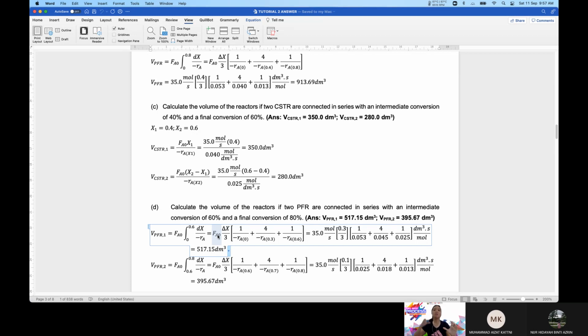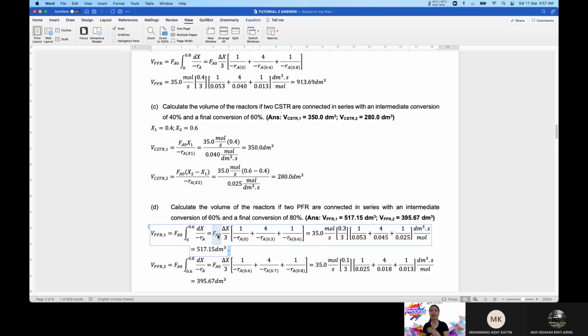Kamu dah establish initial, kamu dah establish the last, baru pergi pada middle. So, middle dia 4 per minus RA at my middle X. Saya bermula pada kosong, final saya 0.6, middle saya adalah 0.3. So jadi 4 per minus RA when my X is 0.3.